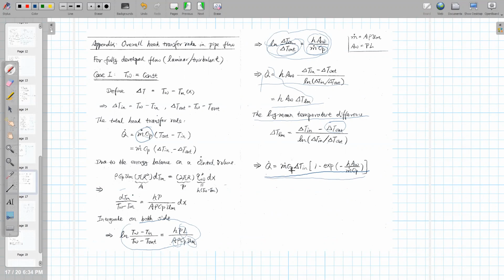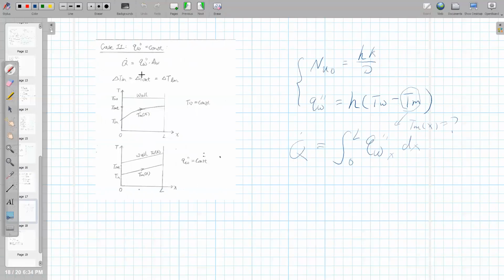Q dot equals m dot Cp delta T in times 1 minus exp of minus h A_w divided by m dot Cp. So this is the overall heat transfer rate for T_w equal to constant. This is just some additional things I want to let you know. If the wall heat flux is constant, that is very simple. Q dot is just equal to the wall heat flux times the overall wall area.